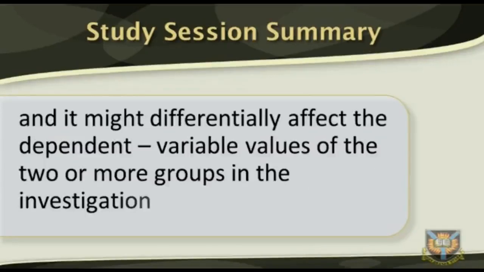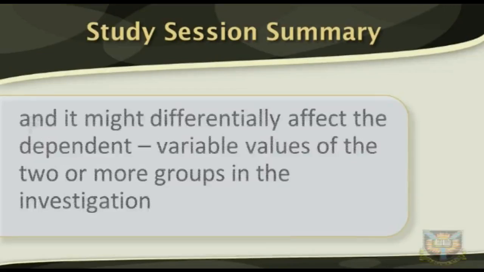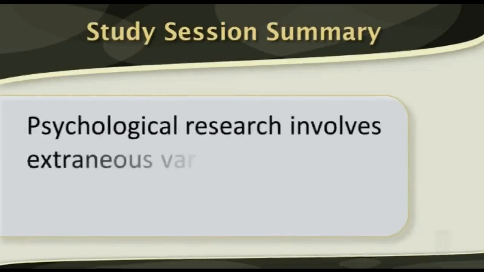Purposive manipulation of an independent variable occurs when the investigator determines the values of the independent variable, creates those values, and determines which group will receive which value. Independent variable control through selection occurs when the investigator chooses participants who already possess the desired values of the independent variables. You also learned that all psychological research involves extraneous variables.